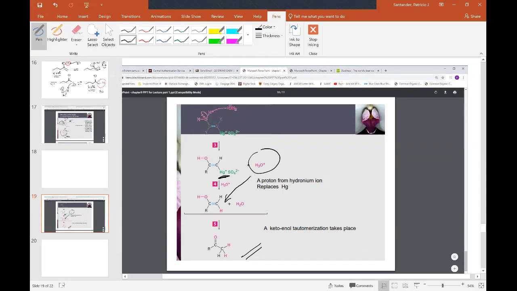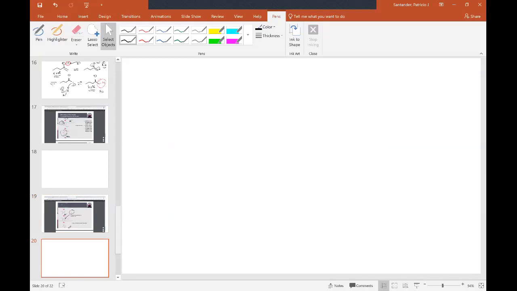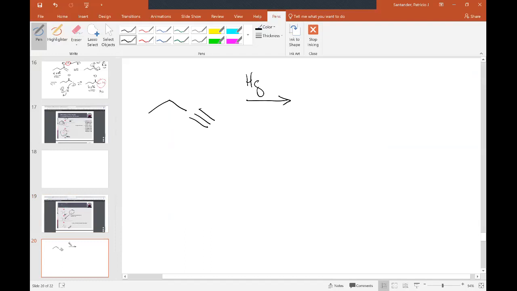So just to wrap up, let me just give one more example. Let's say that we have a terminal alkyne like this, and I react this with mercury salts, mercuric sulfate, water, and acid.